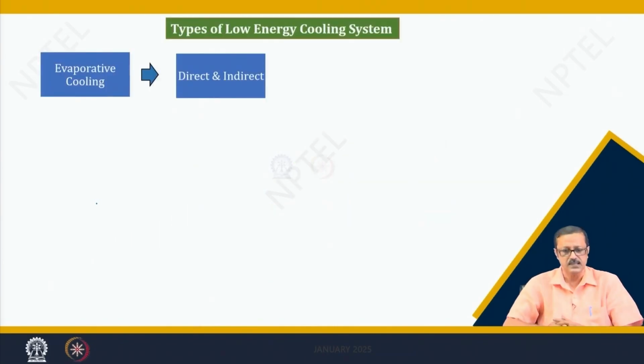So, let us discuss some of the types of low energy cooling system, because we will discuss 2-3 low energy cooling systems, and also one of the passive cooling systems in these consecutive 2 lectures. The first one is the evaporative cooling. As you understand, that is the green axis of what we discussed in the last slide.